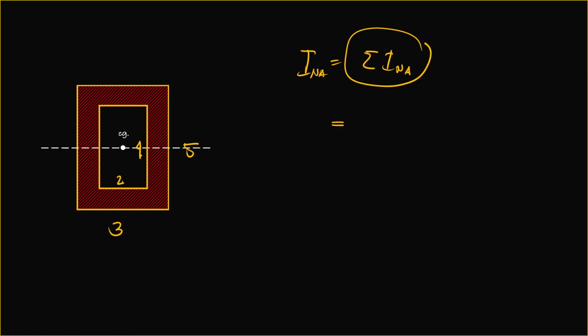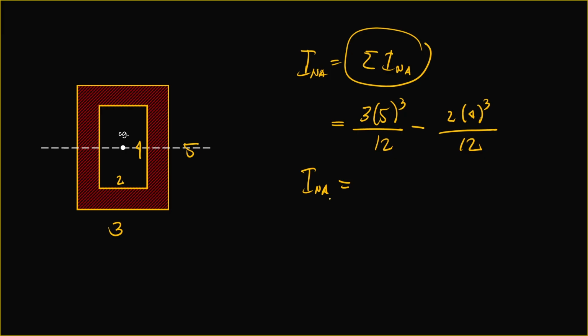Just an example. For the larger rectangle, this is 3 times 5 cubed over 12, minus, since it is hollow, 2 times 4 cubed over 12. That is the separate answer, INA.